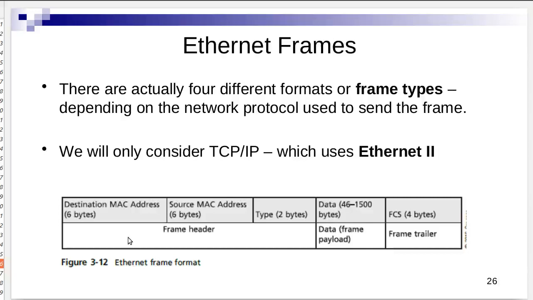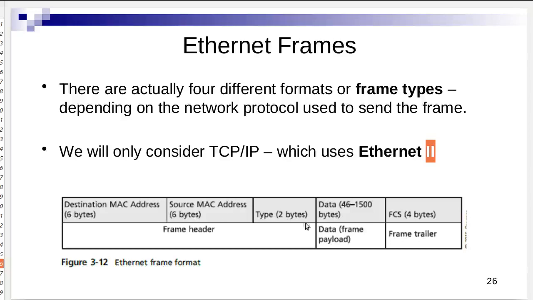Some more details of Ethernet frames. There are actually 4 different formats for frames depending on the protocol used to send the frame, but in this course we will just consider one of them, TCP/IP, which uses Ethernet 2. So that's the only kind of frame that we will look at, and this is the format we will use. The first 6 bytes are going to be the destination MAC address. The next 6 are going to be the source, where the frame came from.